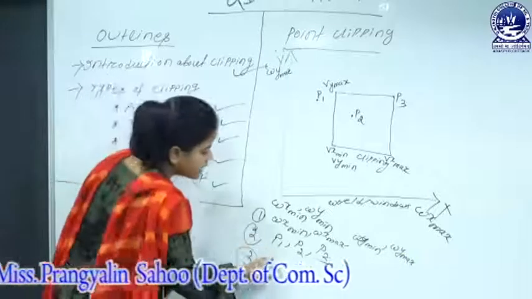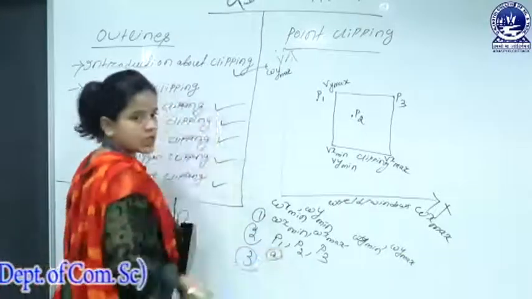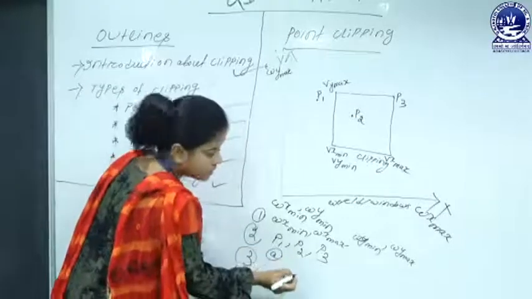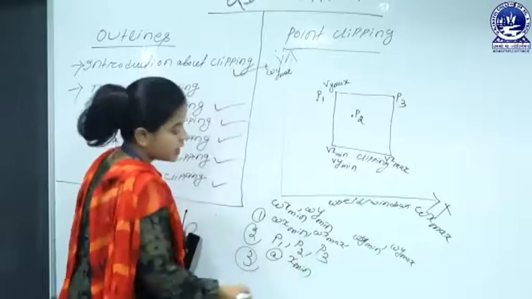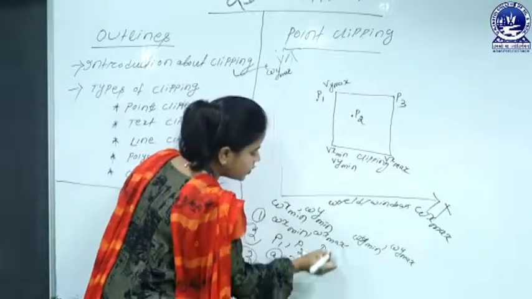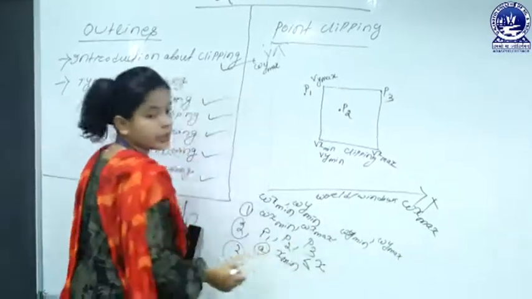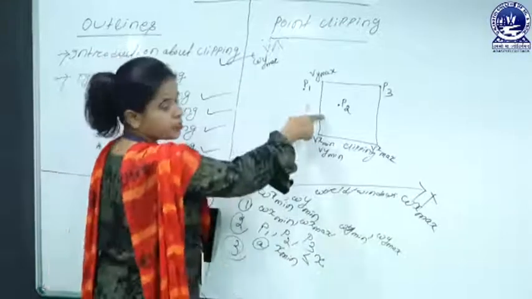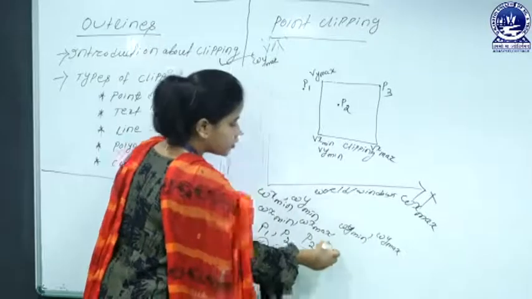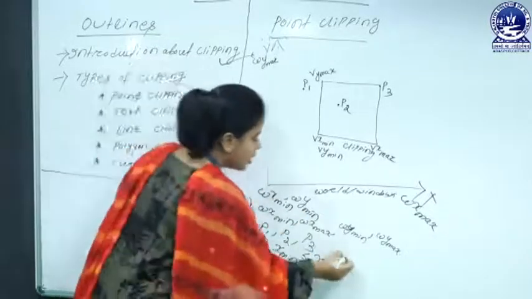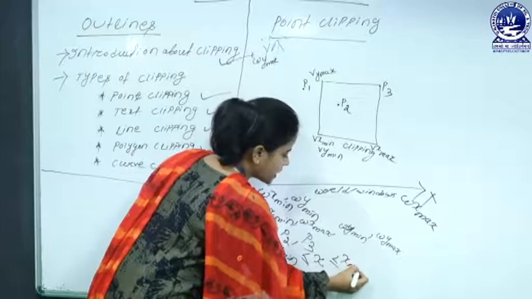What are they? The first condition is: x minimum is less than or equal to the x coordinate of the pixel point, and that is less than or equal to the x maximum.